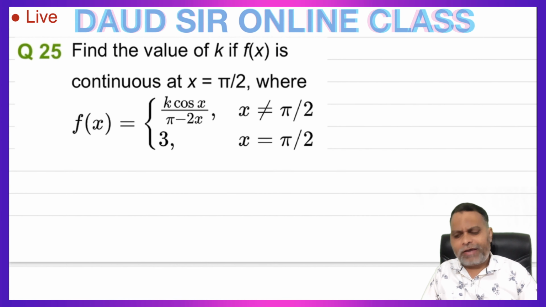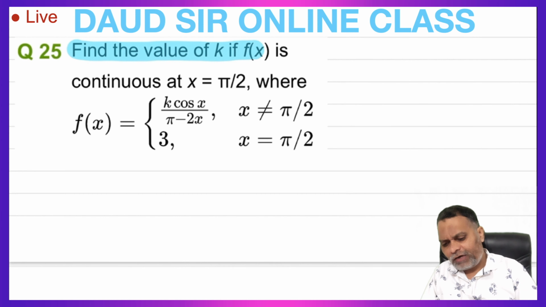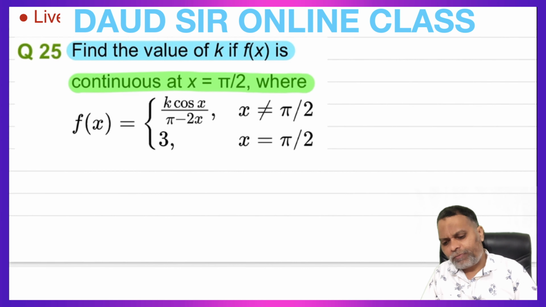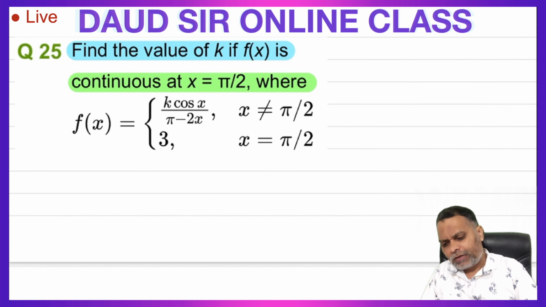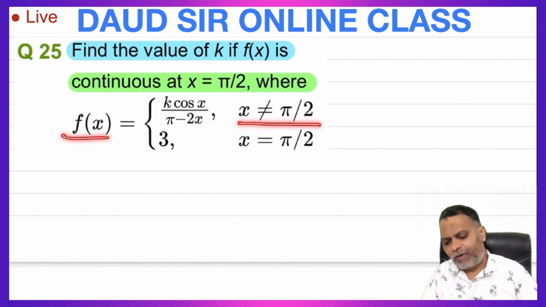Question number 25. Find the value of k if f of x is continuous at x is equal to pi by 2, where f of x is defined as k cos x upon pi minus 2x if x is not equal to pi by 2, and f of x is equal to 3 at x is equal to pi by 2.